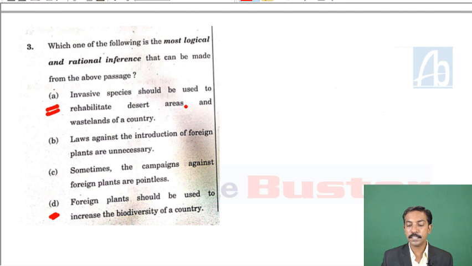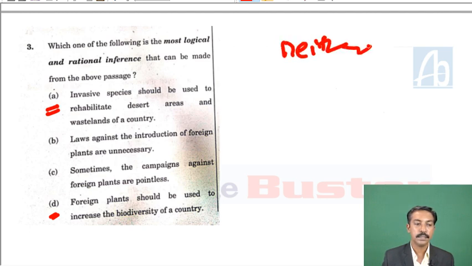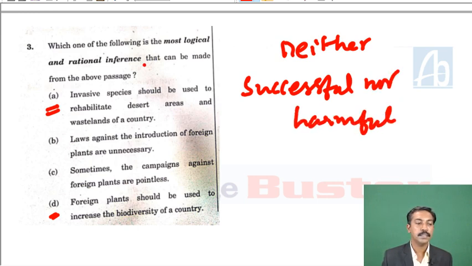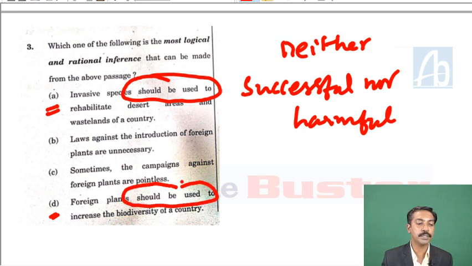The first sentence says most invasive species are neither terribly successful nor very harmful. The very opening sentence says neither successful nor harmful. If that's the case, then it's not possible to conclude that they should be used. When they are not successful, we cannot say that these plants or invasive species should be used. That helps us to eliminate option A and option D.